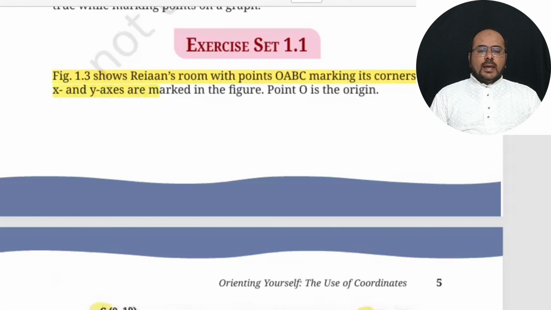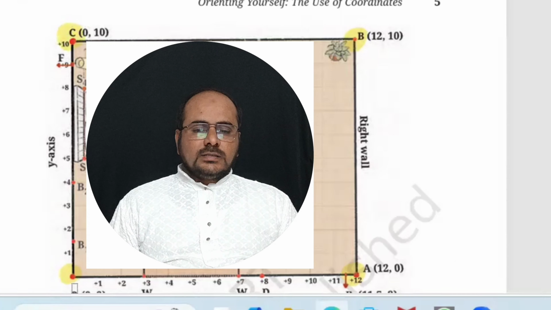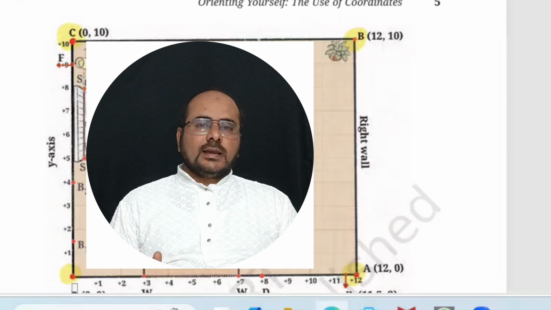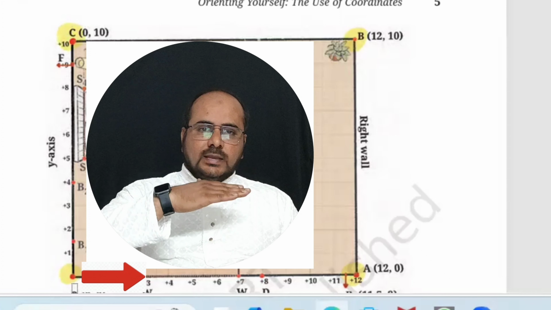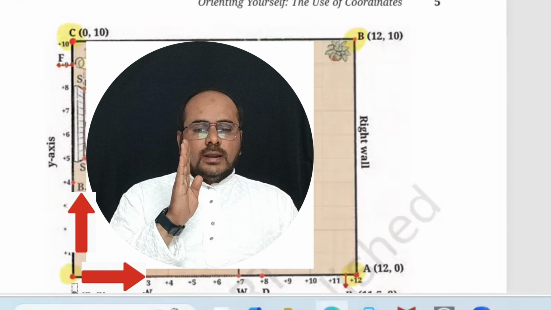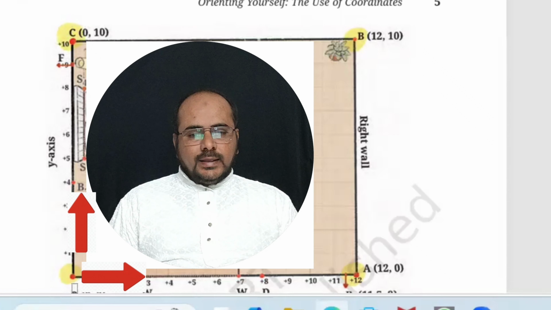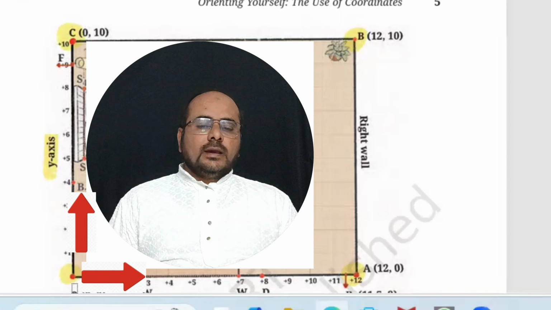The X and Y axes are marked in the figure. So here the x-axis and y-axis are also mentioned. Already we discussed what is the x-axis and what is the y-axis. The horizontal line is called the x-axis, the vertical line is called the y-axis. Here you can see clearly this is the y-axis. It is mentioned, my dear, in this diagram.